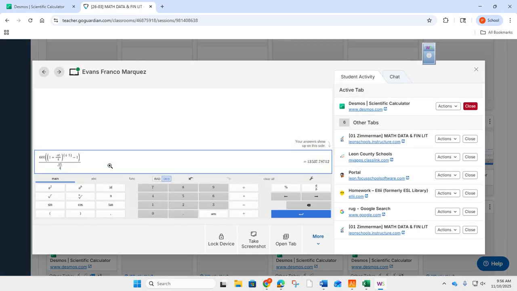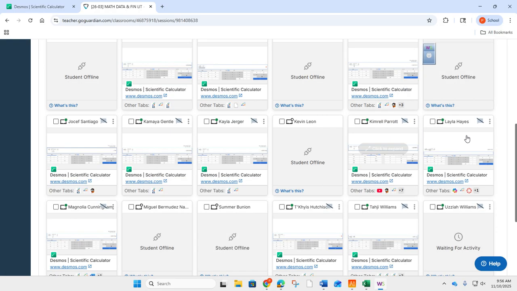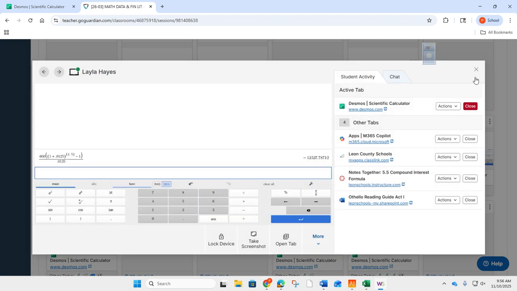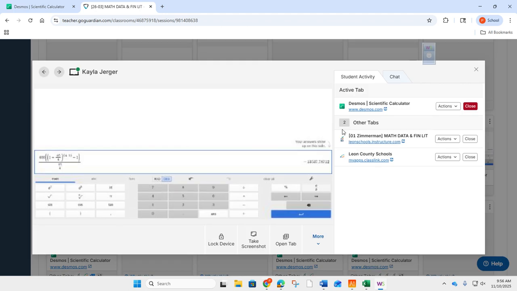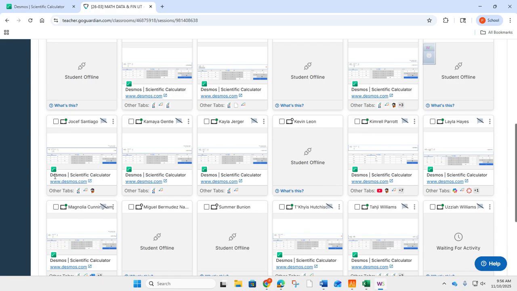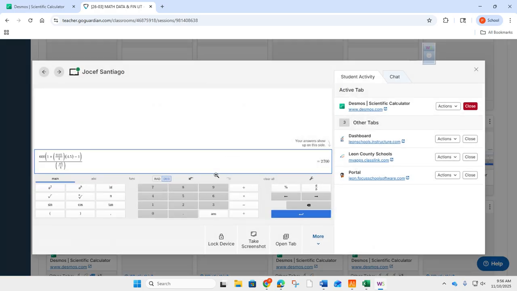All right, Evans is good. Layla is good. Anybody have questions about how we got here? All right, so this is something you guys, as a group, not one person sitting in this chair necessarily. Joseph, you see where you are right here? That's got to be an exponent, but the -1 can't be. Yeah, 4 times 5, not 4.5, right? 4 times 5. So go ahead and erase that one more time.